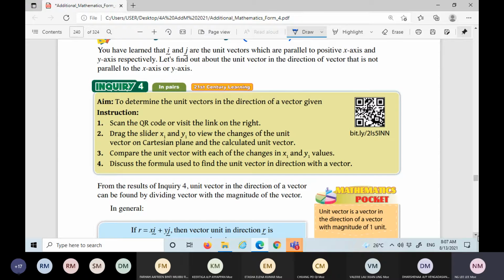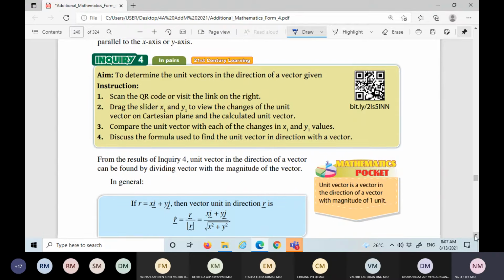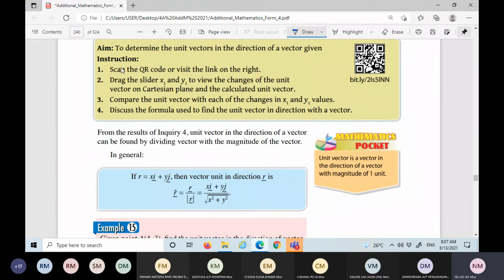So this activity in the textbook, I don't want to go through. By looking at this activity, we will come to these conclusions: how to find the unit vector for any vector. The unit vector in the direction of a vector can be formed by dividing the vector with the magnitude of the vector.